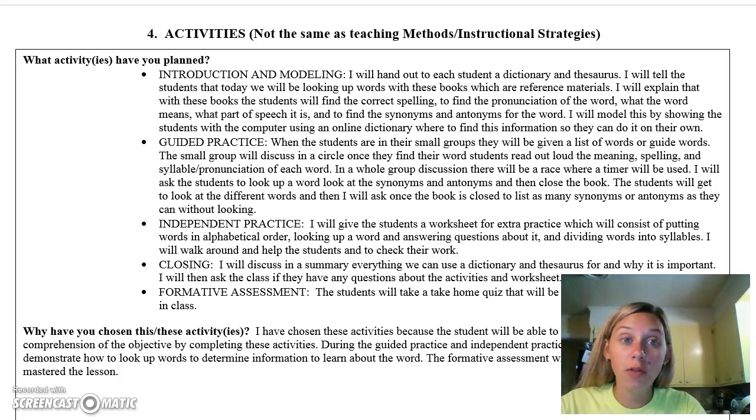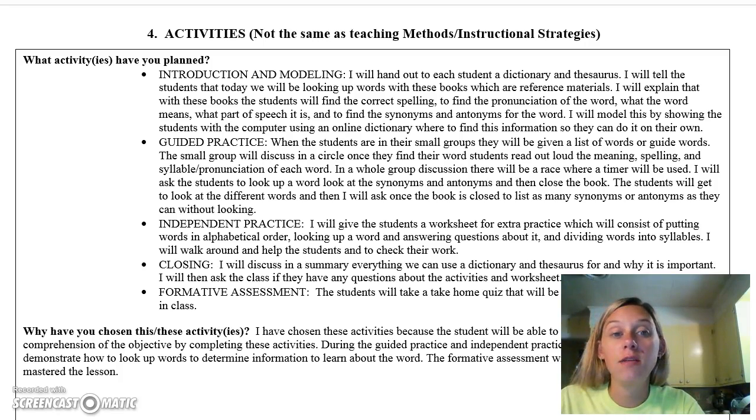I will explain that with these books, the students will find the correct spelling, find the pronunciation of the word, what the word means, what part of speech it is, and find the synonyms and antonyms for the word. I will model this by showing the students with the computer using an online dictionary where to find this information so they can do it on their own.